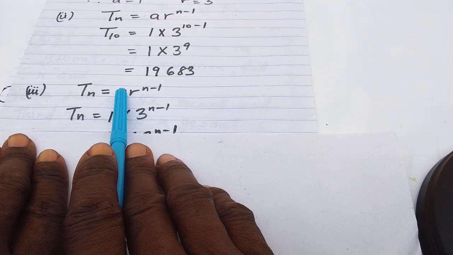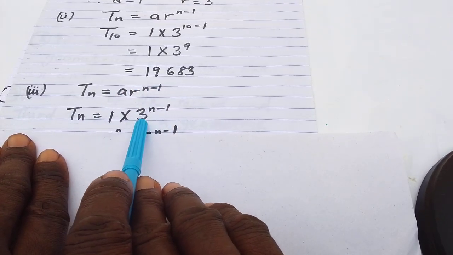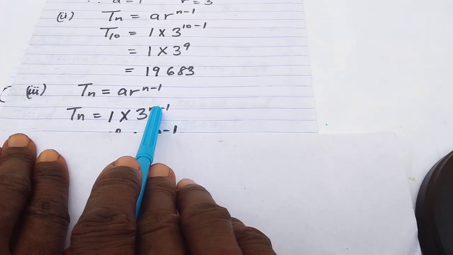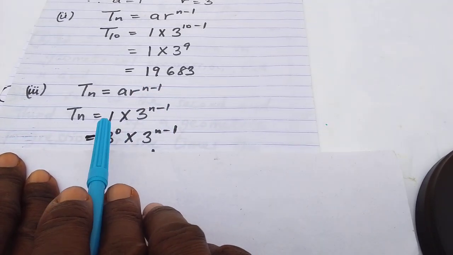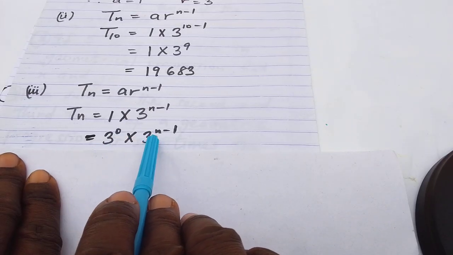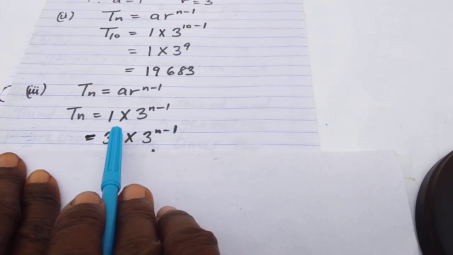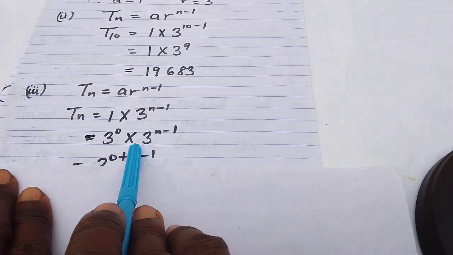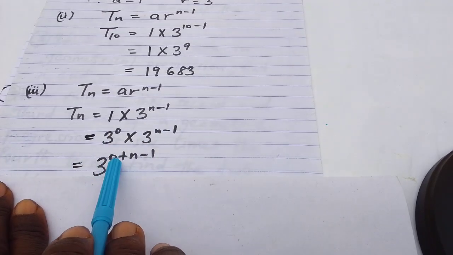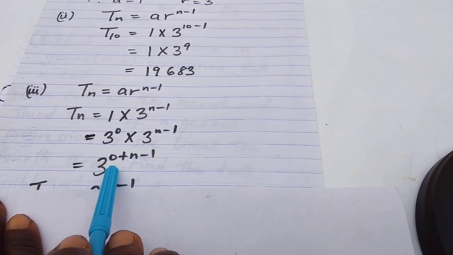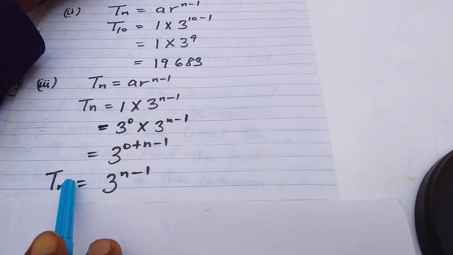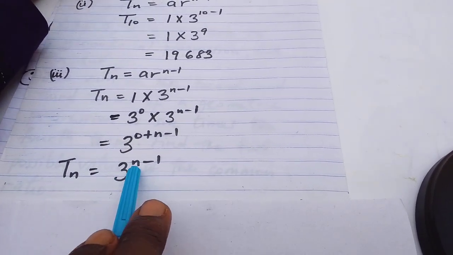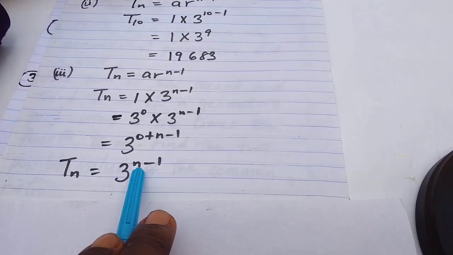So the nth term is equal to 1 times 3 raised to power n minus 1. This is the same thing as saying 1 is 3 raised to power 0, times 3 raised to power n minus 1. Since this is multiplication, you can add their powers: 0 plus n minus 1. The nth term is equal to 3 raised to power n minus 1.